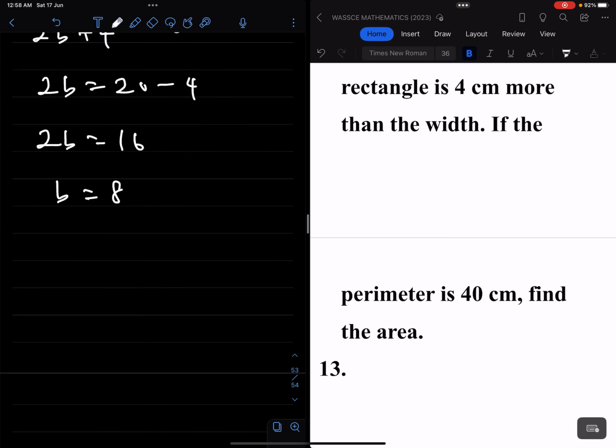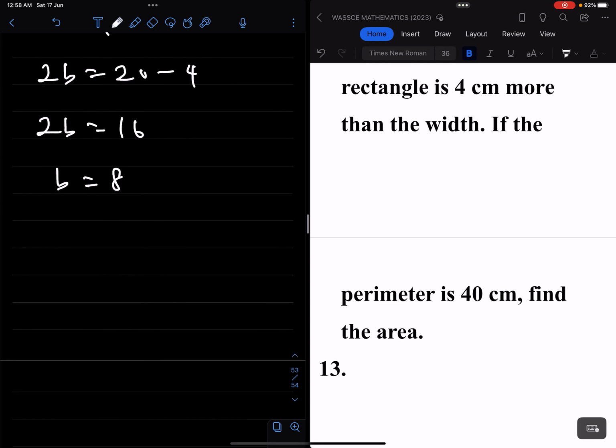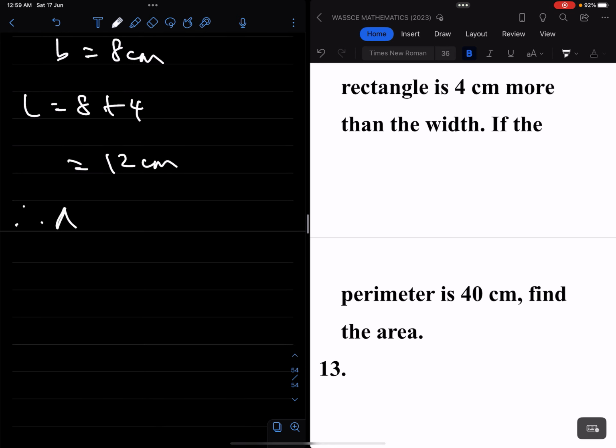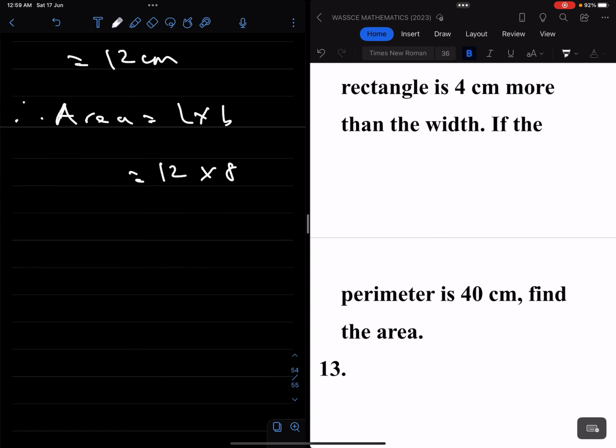Now the question says find the area of the rectangle. If b is 8, that means L is 8 plus 4, which is 12 centimeters. Therefore, the area of the rectangle, which is length times breadth, is 12 times 8, and that's 96 centimeters squared.